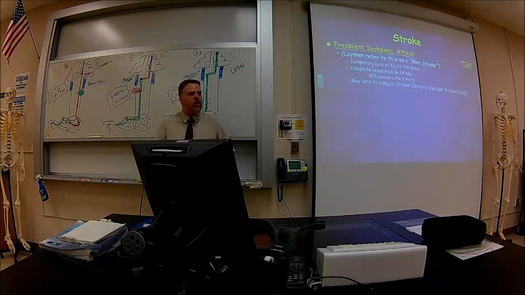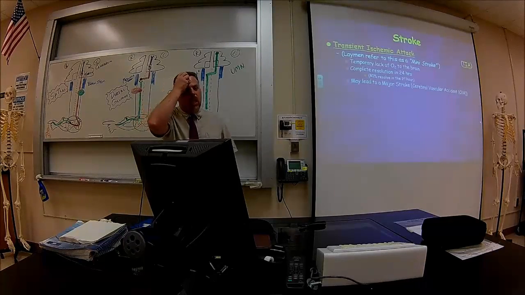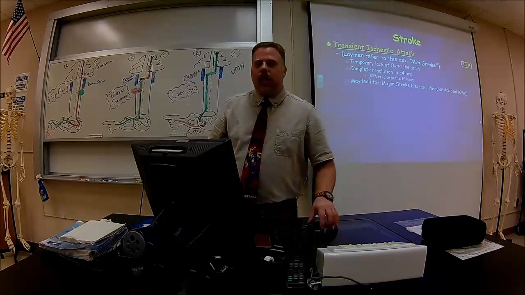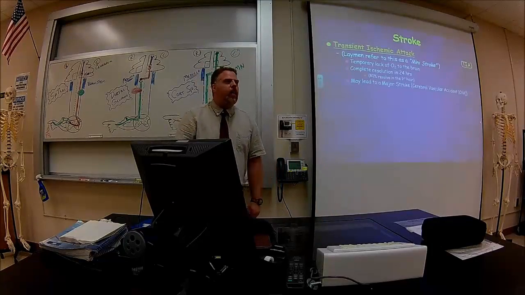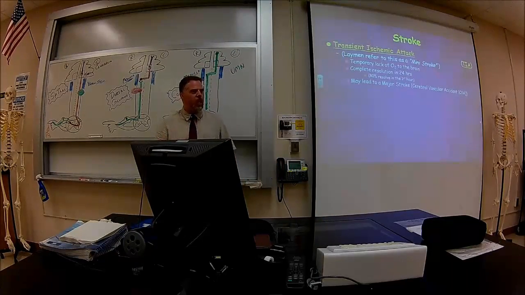It's transient. It's just going to be a temporary thing. If it lasts longer than 24 hours, that wasn't a TIA then, and you got a full-blown stroke. Okay? Most of the cases will resolve in the first hour. Is it anything to worry about? Well, if you have multiple of these TIAs, they're little red flags. There's something going on, and this can lead to a major stroke.